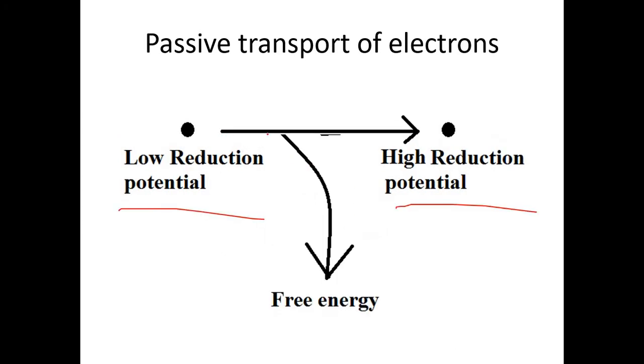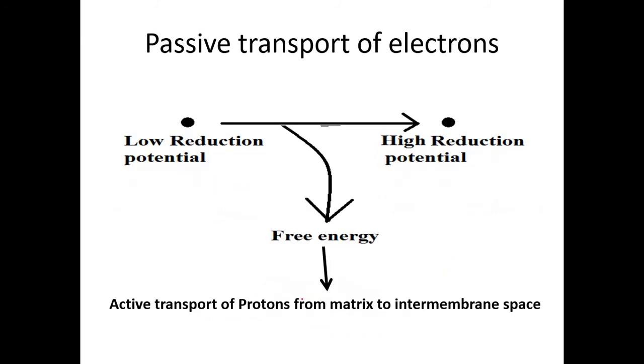So when the electrons are transferred from low reduction potential to high reduction potential, this leads to the development of free energy, and this free energy is used by the enzymes to actively transport the protons from the matrix to the intermembrane space.